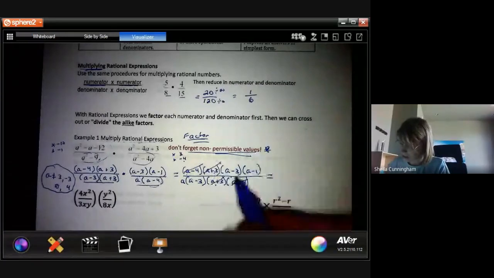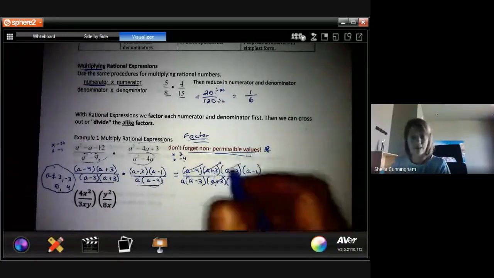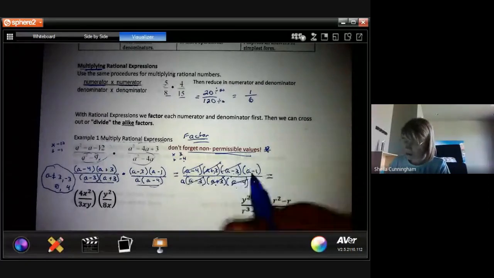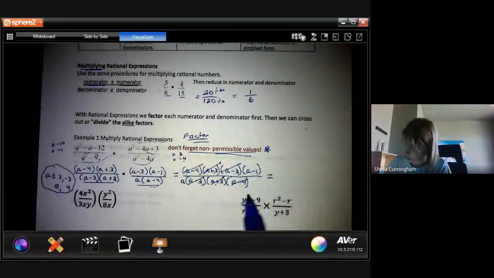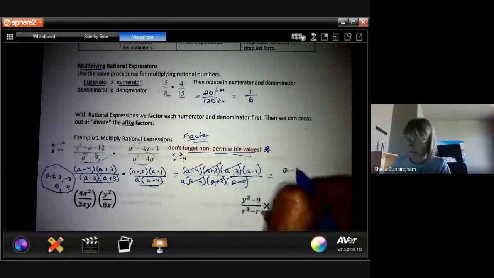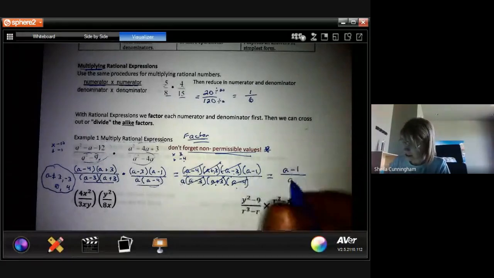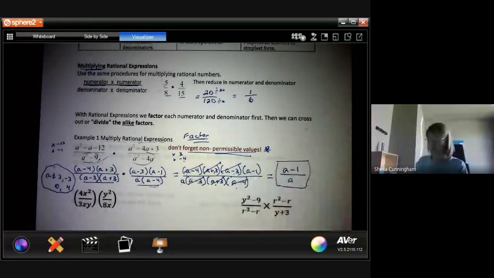I've got an a minus 3 in the numerator. I also have 1 in the denominator. And pretty soon, now I've got an a minus 1. I don't have an a minus 1 in the denominator, so I've got an a minus 1 left in the numerator. And on the denominator, the only thing I have left is that single a. And that's where I leave that particular answer.